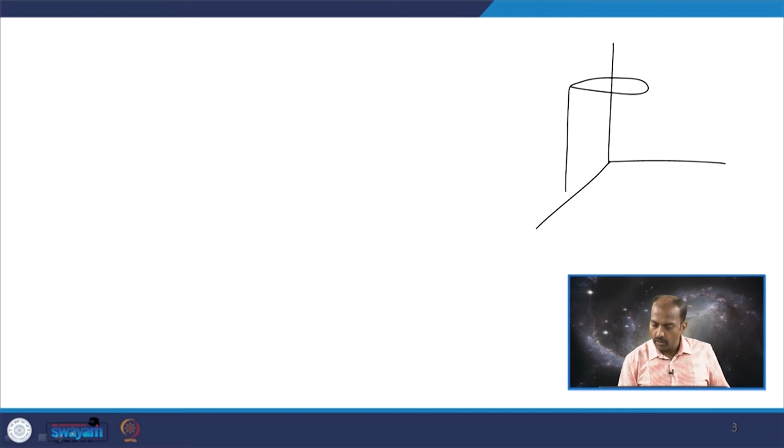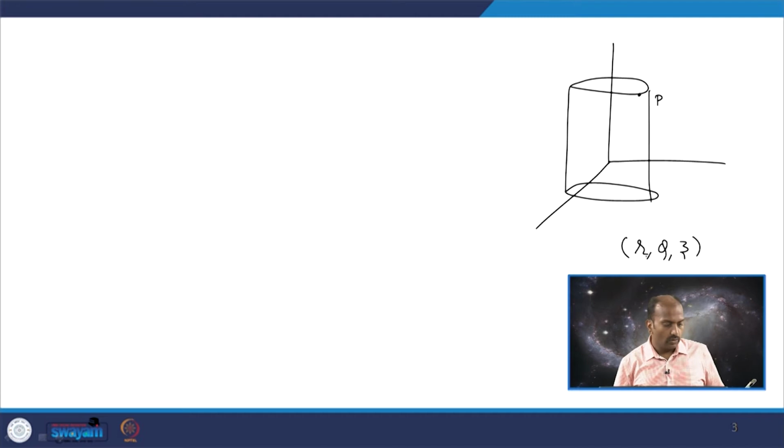The cylindrical coordinate system is very simple. Take any point P lying here. Now you want to identify the coordinates of this particular point. The cylindrical coordinates come with r, phi and z, whereas the Cartesian coordinates are x, y and z.